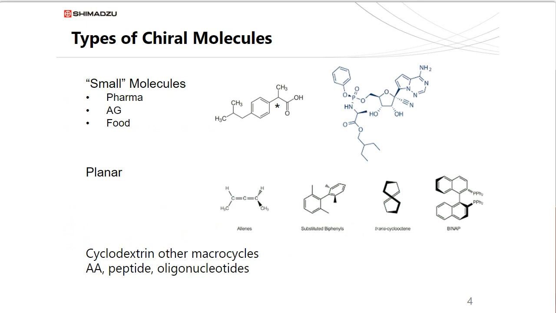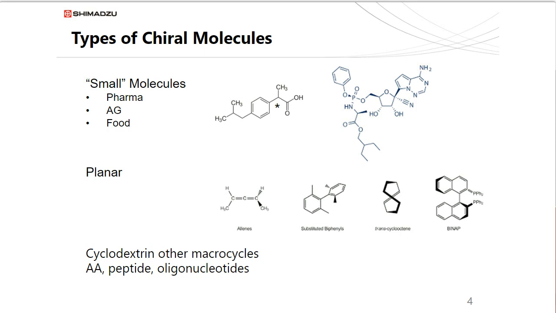So in this slide, I want to show a couple different types of chiral molecules. The ones that we're most familiar with are small molecules that we see in pharma, ag, and food. The two examples I show here are ibuprofen with a single stereocenter and remdesivir, which has multiple stereocenters. Chiral molecules can also be planar.